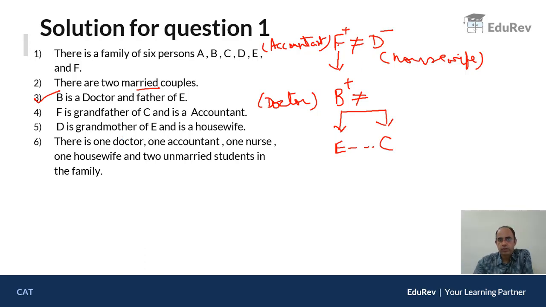Now, as we have used F, D, B, E, C, the 6th person is A. A has to be the wife of B.